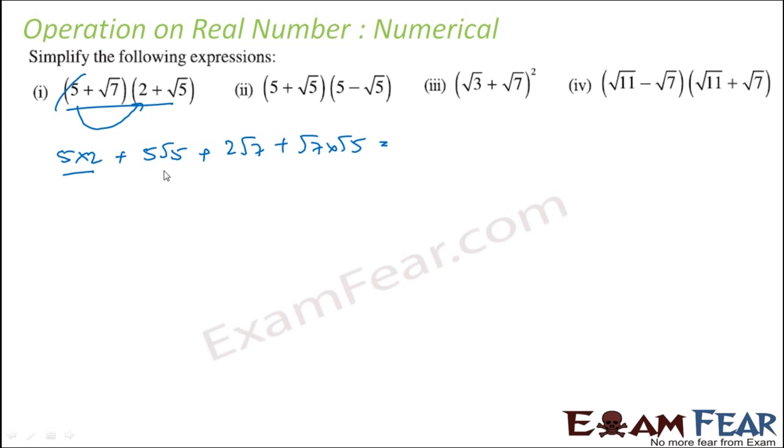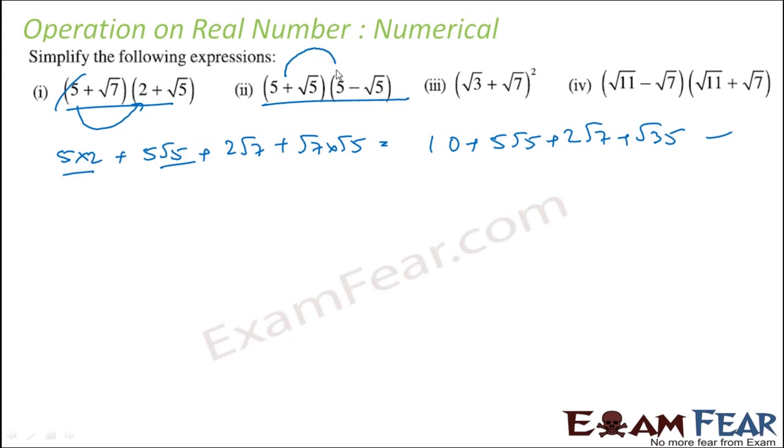So what you get is 10 plus 5 root 5 plus 2 root 7 plus root 35, and there is the answer. Let's take the second one.